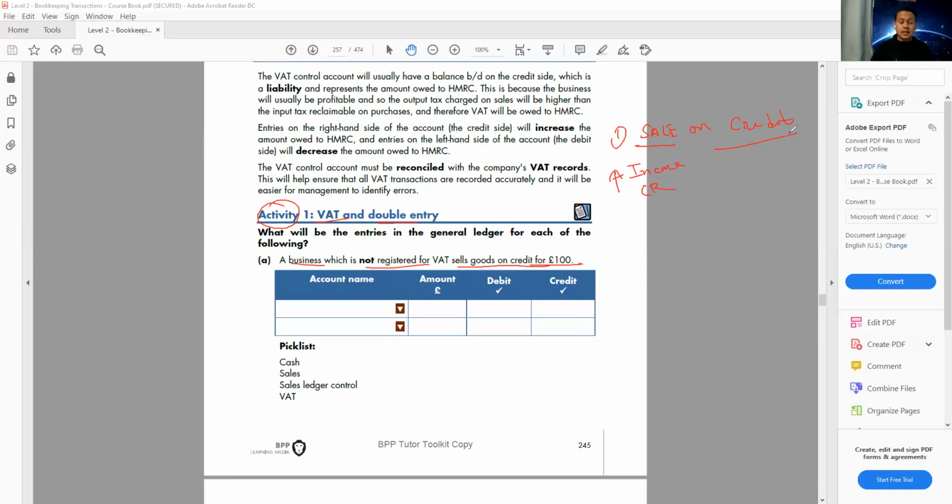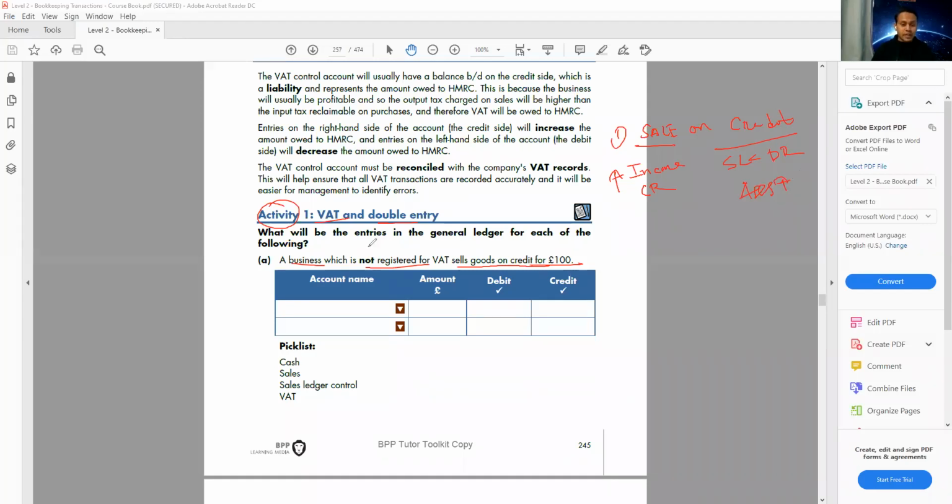You are my asset, because you're going to pay some money in future. And if you are my asset, you are my debit. The name is sales ledger control. Very well done, everyone. All of you remember that. So sales ledger control is our debit, because this is an asset. An asset is increasing.